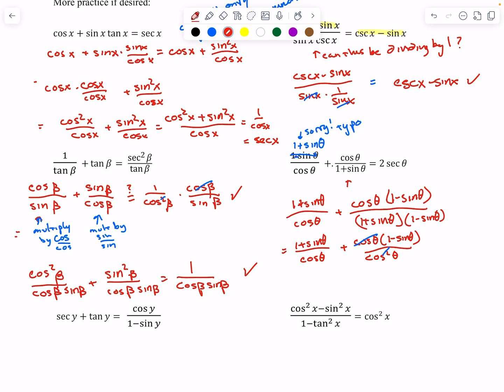Okay, so now we can combine it together. The plus sine theta and the minus sine theta cancel. Sorry about all of that.